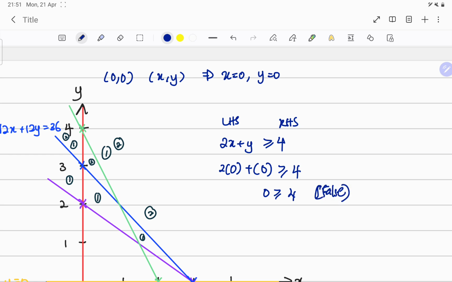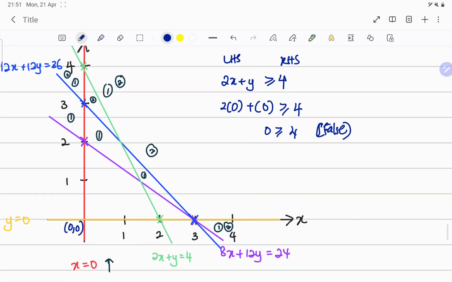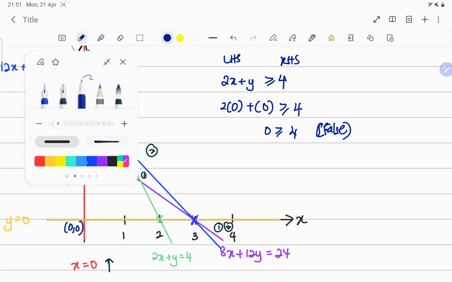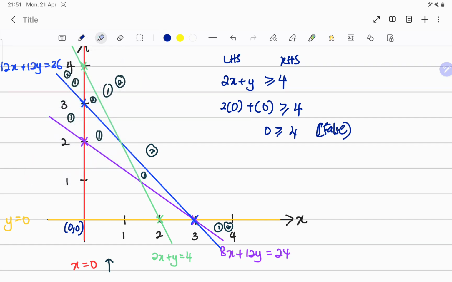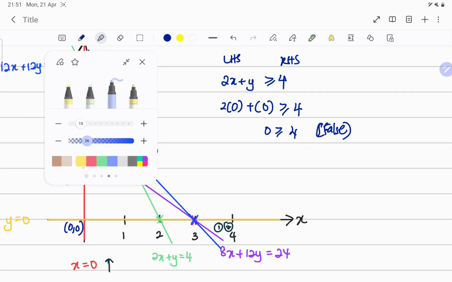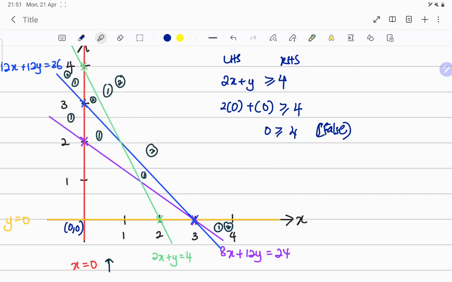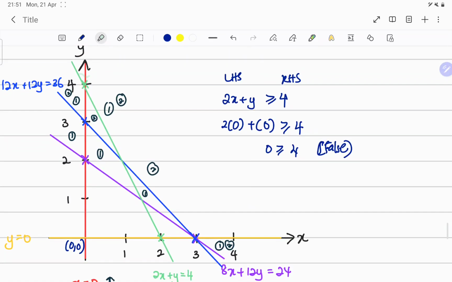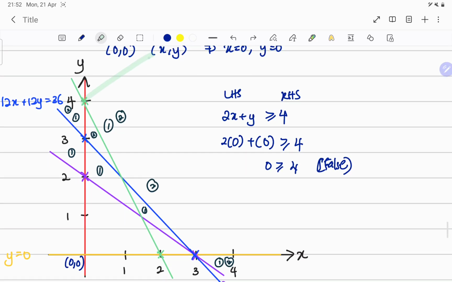So when it is false, we cannot shade the part that has coordinate 0 0, where we can shade it. Is it this area? No, because this area we have a coordinate 0 0, right? So we need to shade the part that does not have 0 0, which is this one lah.